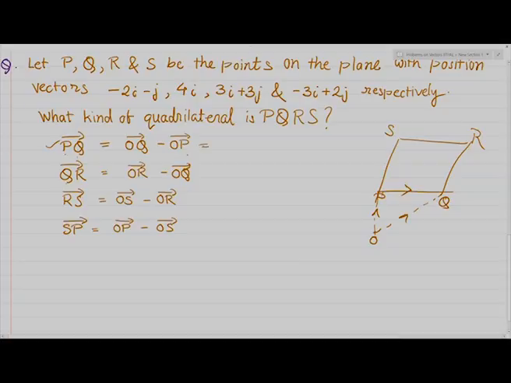So now it is just a matter of adding and subtracting the vectors that are given to us. So what is OP bar? Let us write here, this is my OP bar, this is my OQ bar, this is my OR bar, and this is my OS bar.